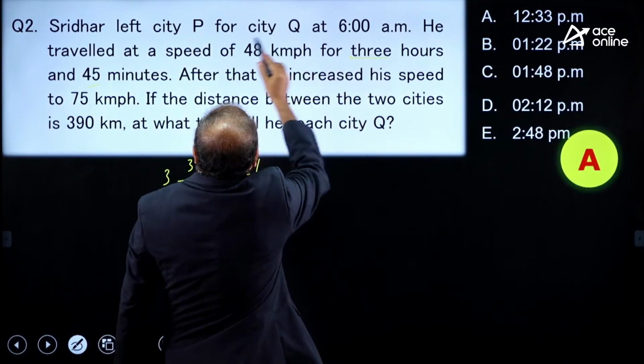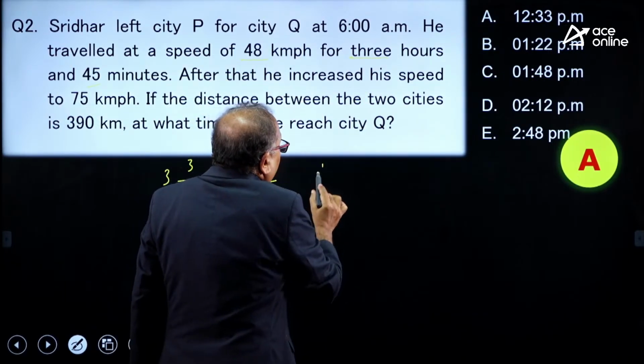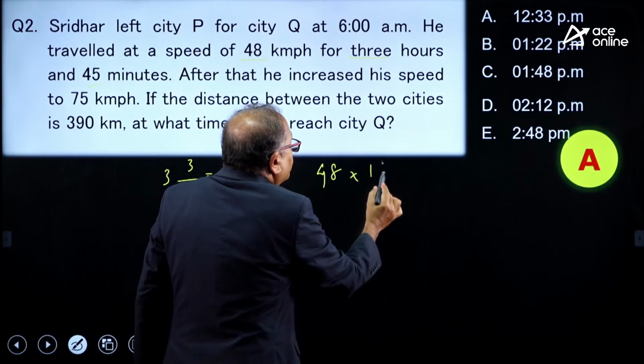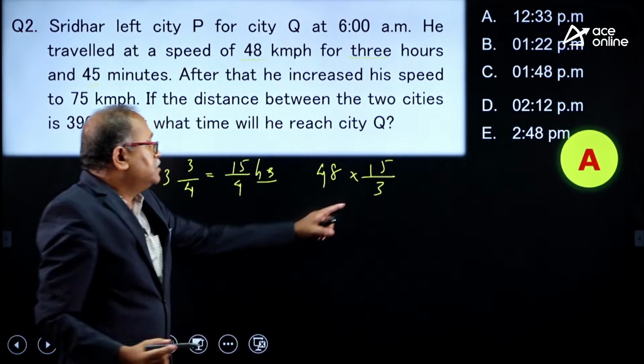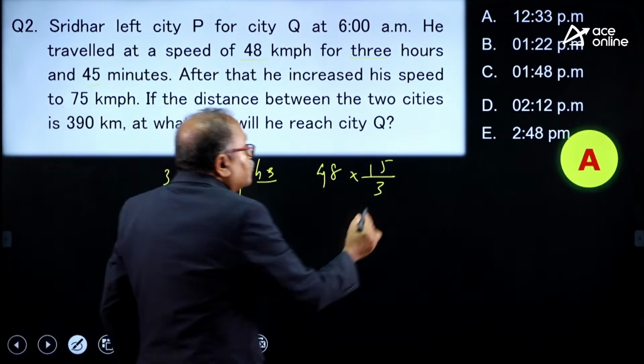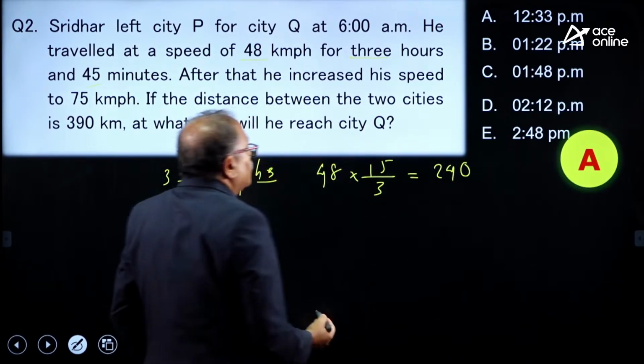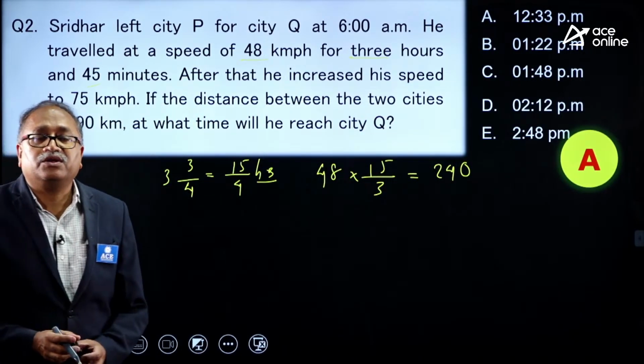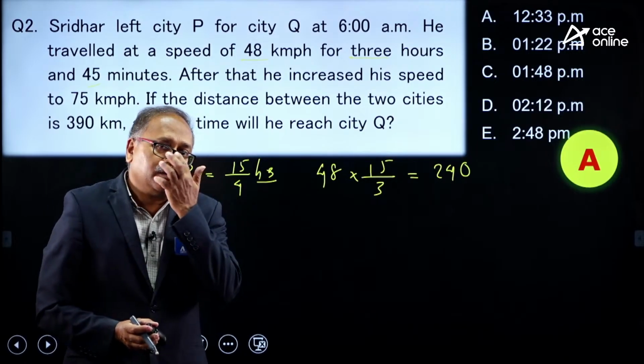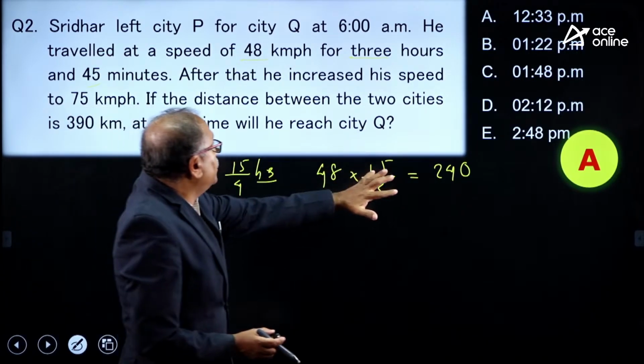The speed was 48 kilometer per hour. So, that is 48 into 15 by 4, and that is 12 into 15, is it 240? Am I right? 15 squared is 225 plus another 15, 240 kilometer is over.